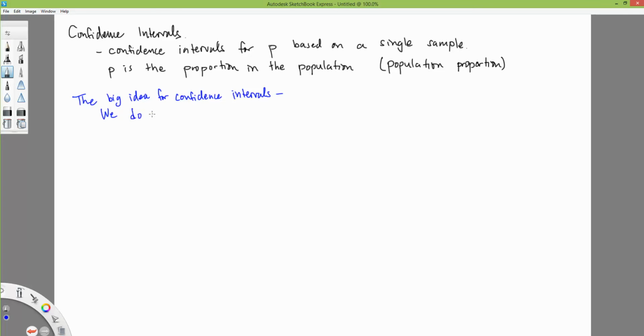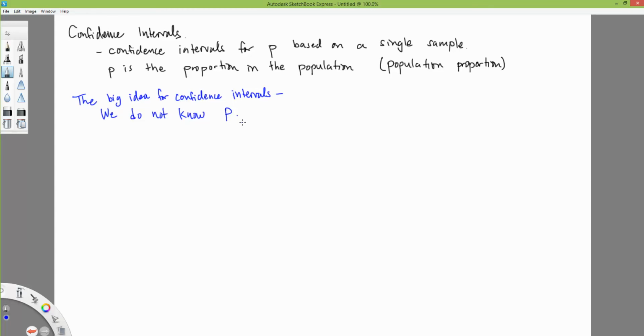The big idea is that we do not know P. We do not know the population proportion. Do I have to write that, or is it okay if I just write we do not know P? It's okay, right?